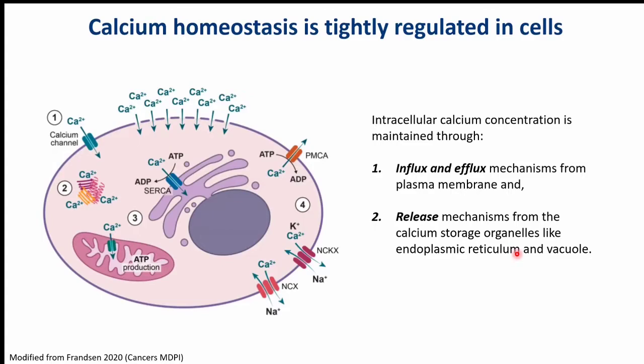The intracellular calcium concentration is maintained in a spatially and temporally tightly regulated manner, and it is controlled mostly by two mechanisms: influx and efflux, governed by the channels present on the plasma membrane, and release mechanisms present on the calcium storage organelles like the endoplasmic reticulum and vacuole. These organelles release calcium in case the cell needs to survive a calcium-depleted environment.